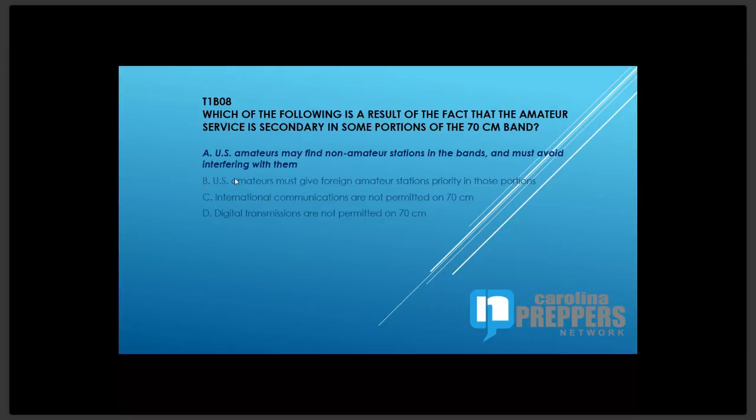So here it says, which is a result of the fact that the amateur service is secondary. It says U.S. amateurs must give foreign amateur stations priority. No, it's our band. We were given allocation to it by the FCC. Foreign stations can go pound sand when it comes to our frequency, and they would say the same to us about theirs.